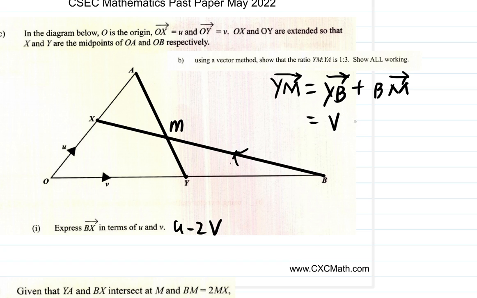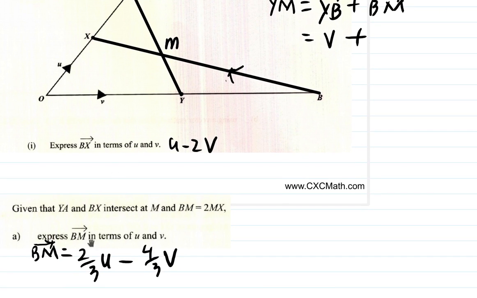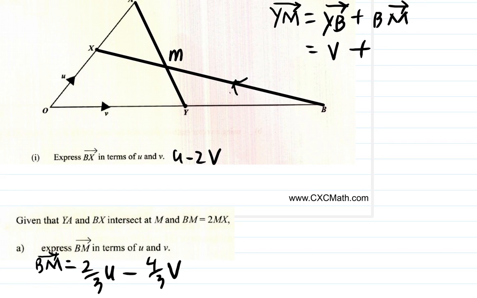So it is v plus, what is BM now? BM is 2/3 u minus 4/3 v. Alright? So YM equals v plus, what is 2/3 minus 4/3?